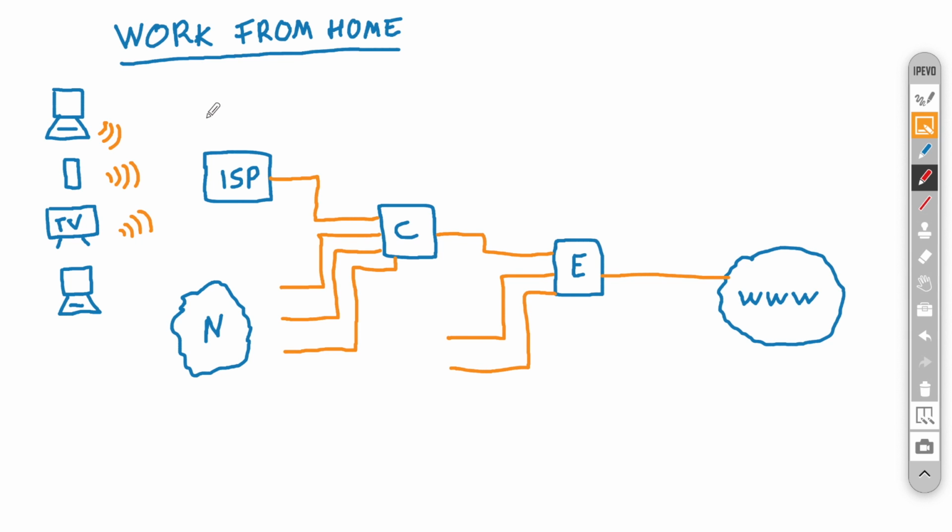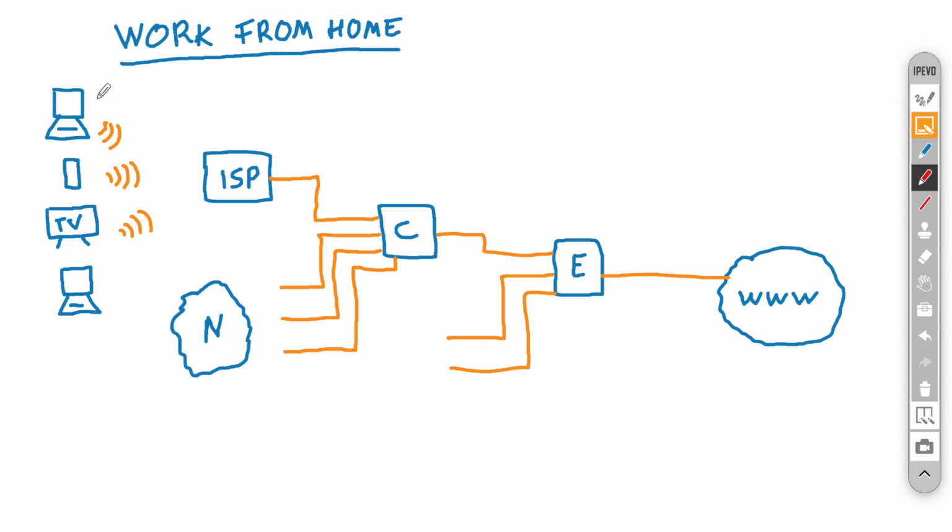So I quickly drew a typical broadband network and just to show you what you should be expecting, not only inside your house here with loads of devices battling for the same resources, right? Because while you might be using your laptop to access your email, or you might be using your phone to use Skype, for example, I'm sure somebody else is streaming Netflix in 4K or playing games, right?